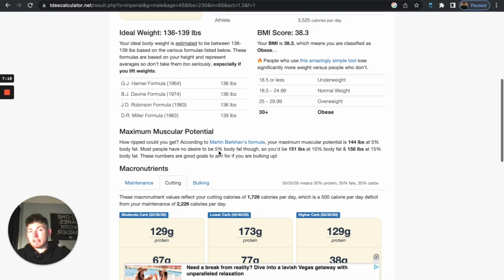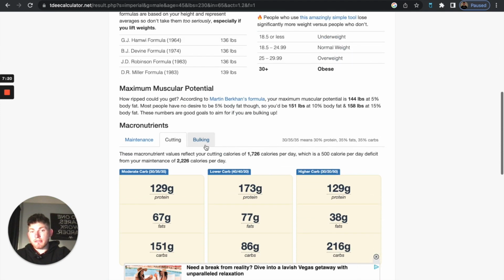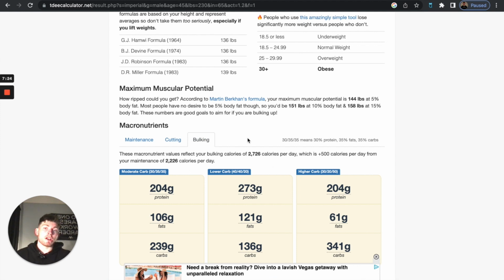I would start off, as far as cutting, at 500, and if you're wanting to go on a lean bulk, I would aim for around 250 to 300 calories to start off. And if you don't see any change in your body, then I would just keep increasing the calories until you start seeing changes in your body weight.